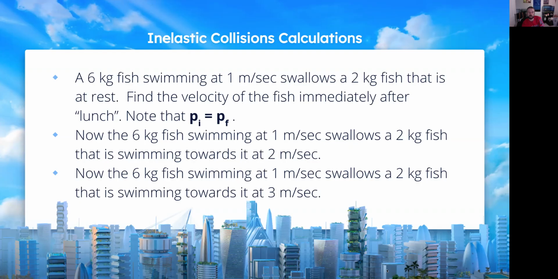Total momentum of the system, we add the two momentums together, or momenta. So we add momentum 1 to momentum 2 to get the total momentum of the system, which is 6 Newton seconds plus a -4 Newton seconds gets us 2 Newton seconds.